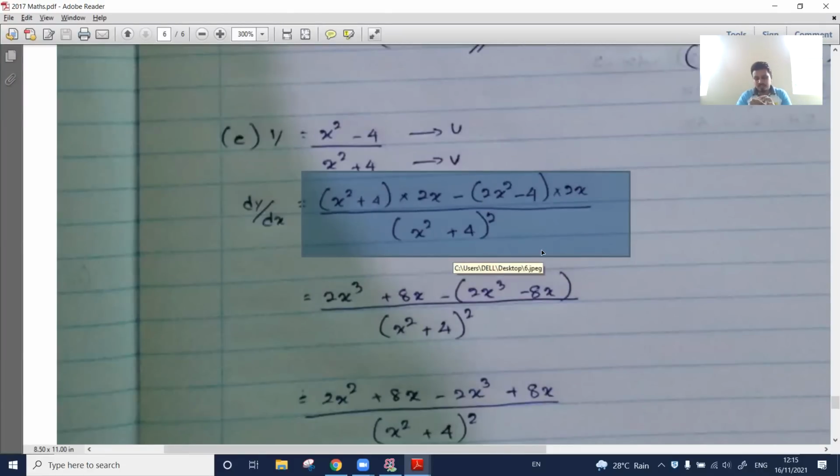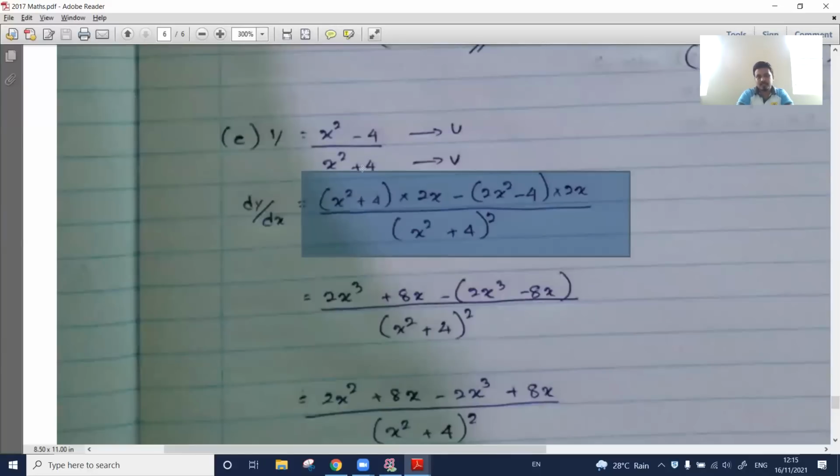Now you point out where this student has gone wrong. Here it should be what? It should not be 2x squared. What do we consider here? Numerator as it is. Numerator is what? X squared minus 4. So we need to consider it as it is here. It should be x squared minus 4, not 2x squared. It should be x squared minus 4 into differentiation of the denominator.